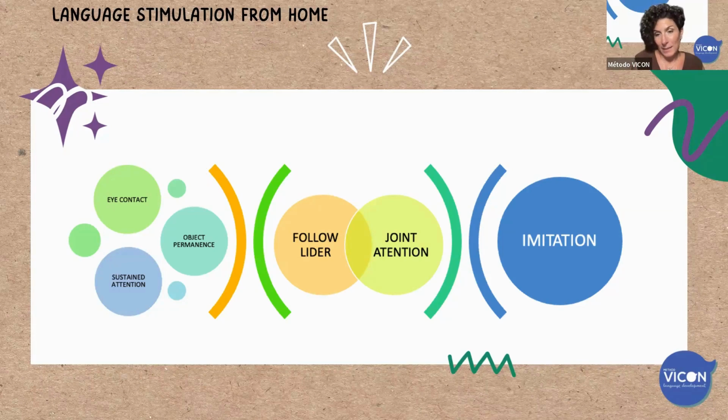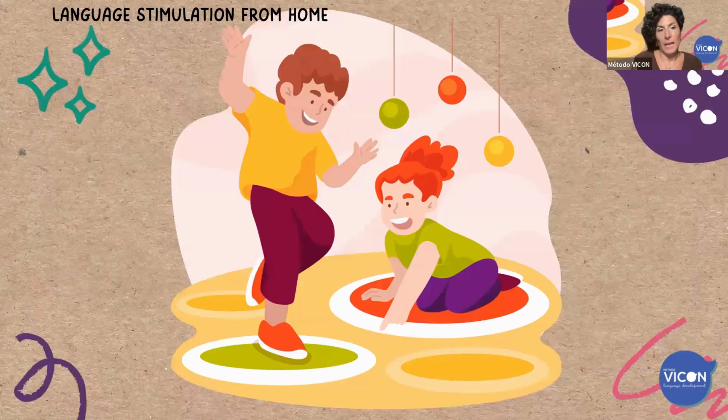And finally, playfulness, which is very important for this, because every learning is not just a skill learning. It's also an emotional, cognitive, and motor development.